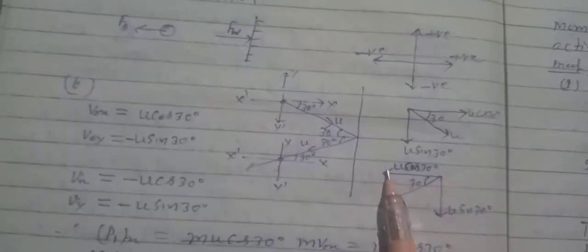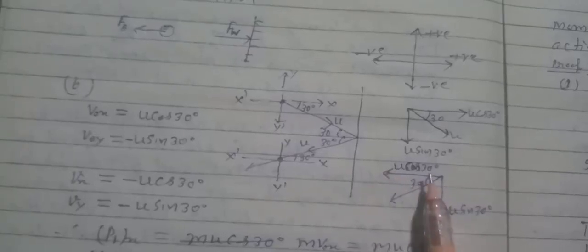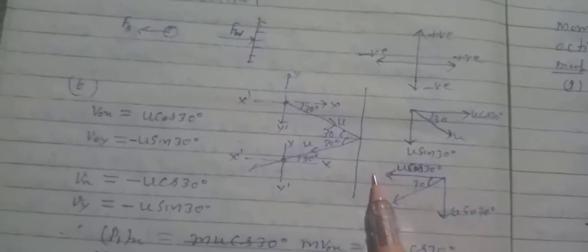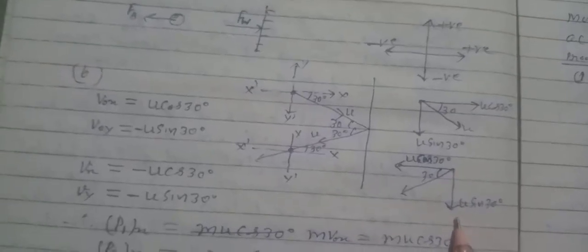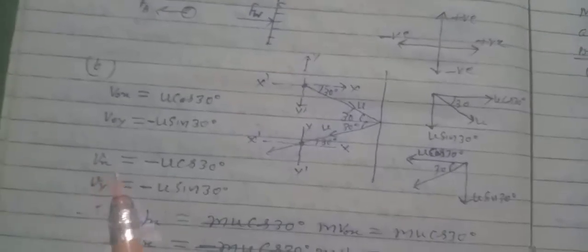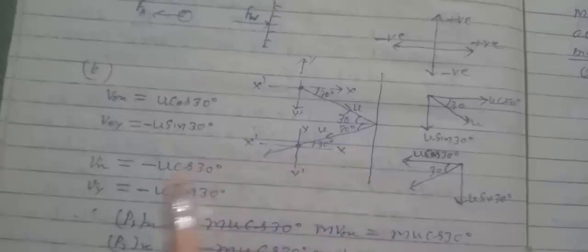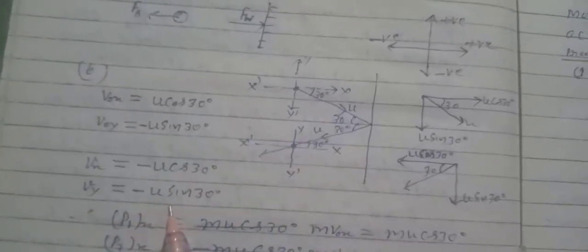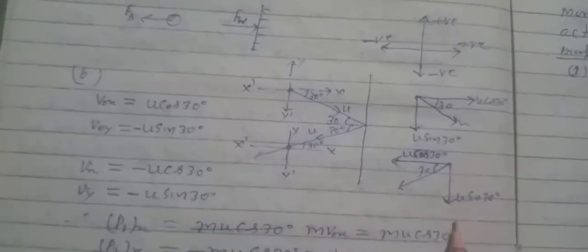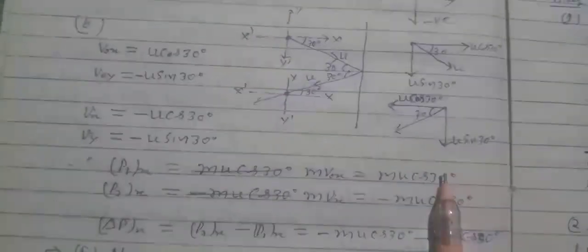One component of the final velocity is in this direction and another component of the final velocity is in this direction. So we have the final velocity along x direction Vx equals minus u cos 30 degrees because this direction is negative, and Vy equals minus u sin 30 degrees because this direction is negative.